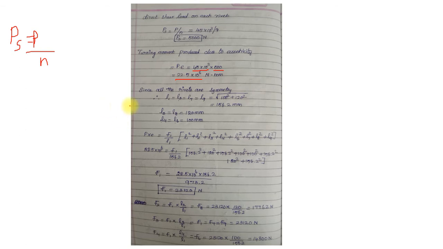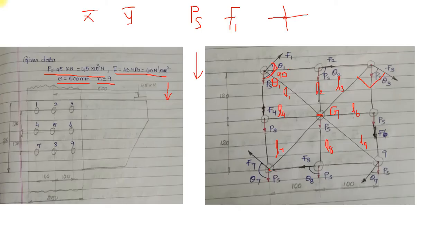As I told you earlier, since all the rivets are symmetric, I can write L1 is equal to L3 is equal to L5, L7 is equal to L9, which is the square root of 100 square plus 120 square. So, let us see what is 100 and what is 120. You can see here this length would be 100, and this particular length would be 120.